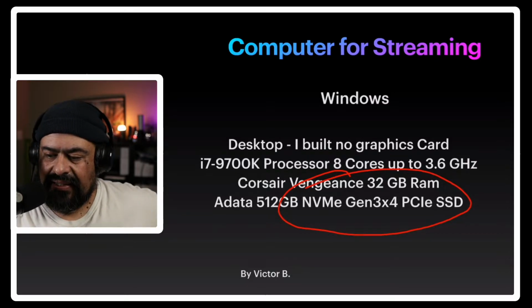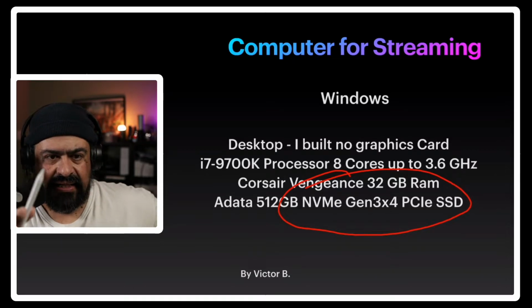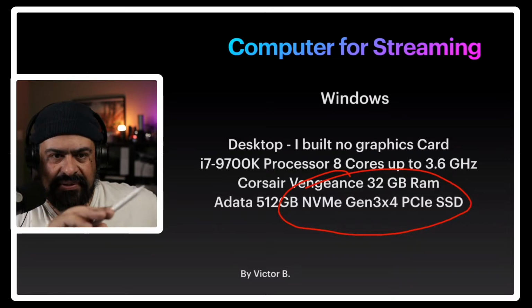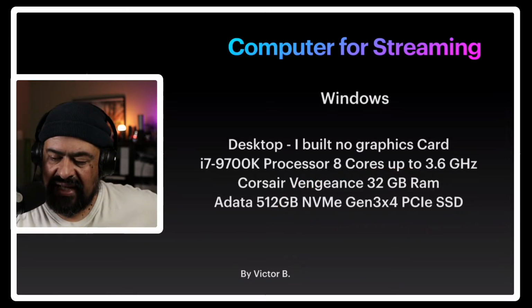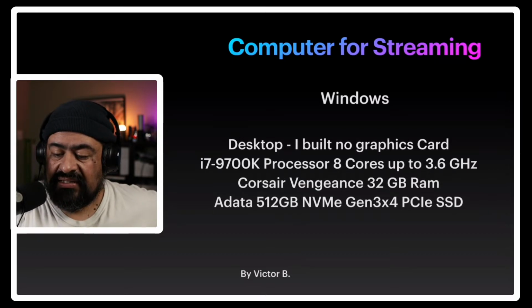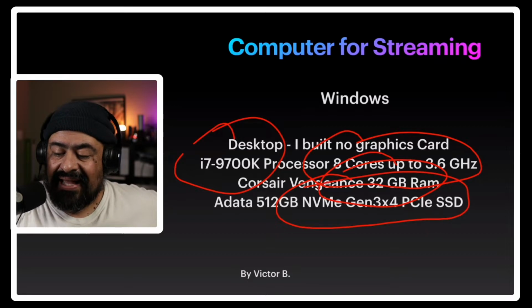And now, rather than just having the Keynotes and flicking through pages with the iPad, bringing the iPad in and even using a pencil, I think I could use my hand, but I like the pencil. I could literally write on here. So this is the desktop I built. It's got an i7 9700K, 8-core processor, 32 gigs of RAM, and NVMe.